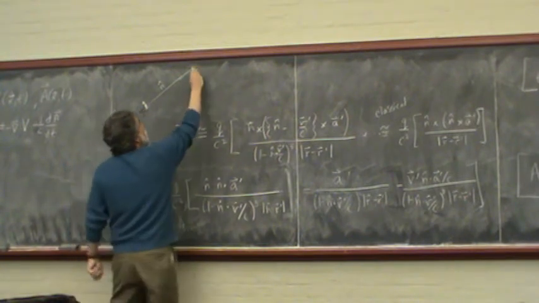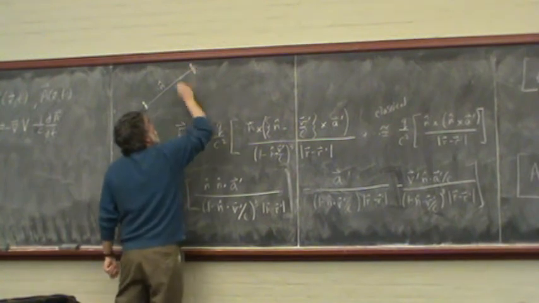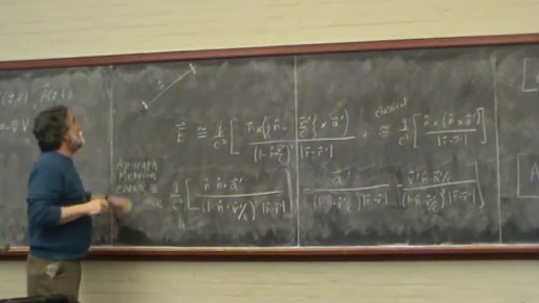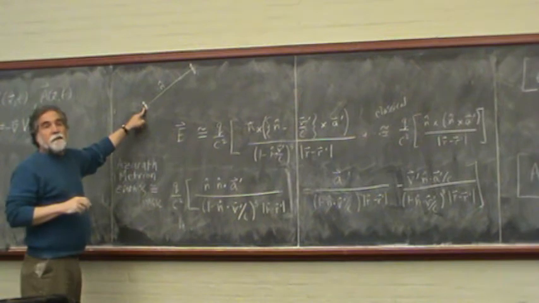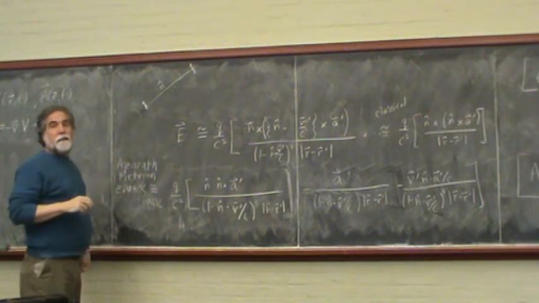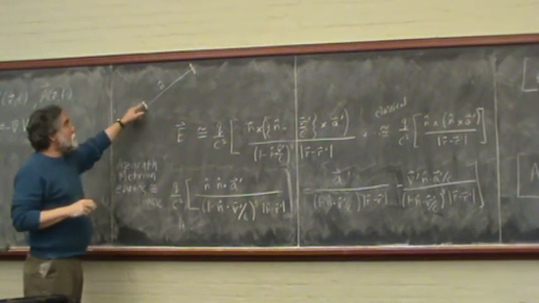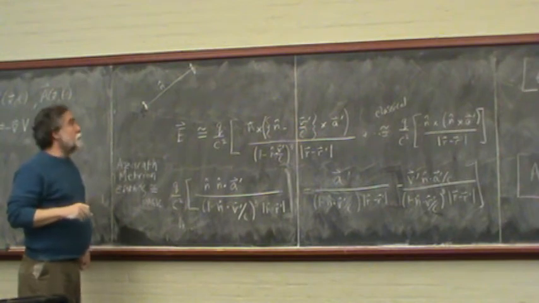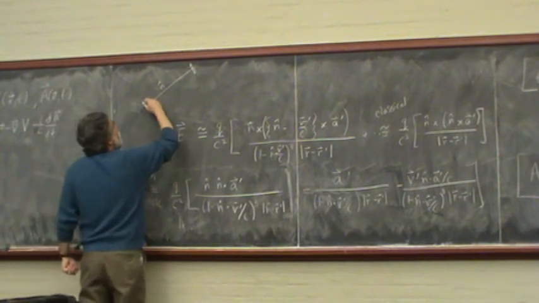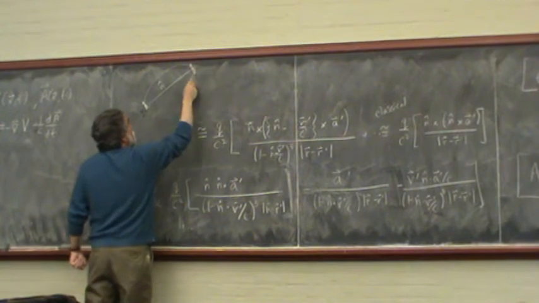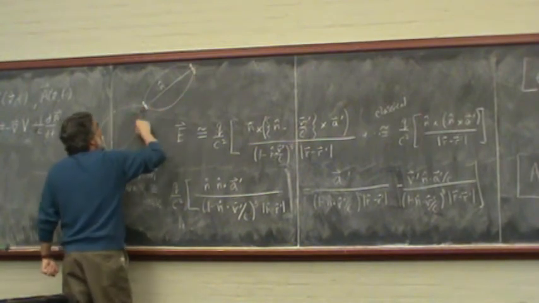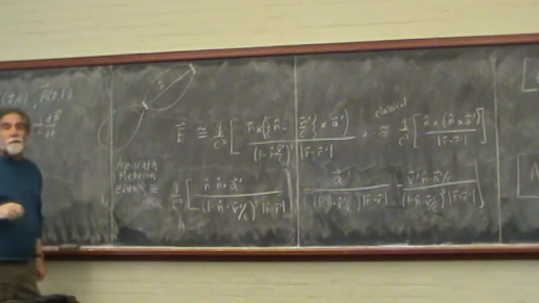So I'm going to observe a field out here which points that way, and I'll only observe field perpendicular to the acceleration of the charge, right? So I have a field that goes out that sort of looks like that in terms of its magnitude.